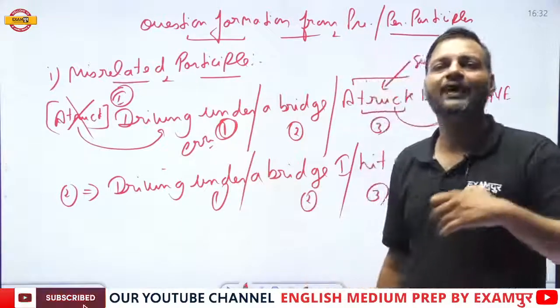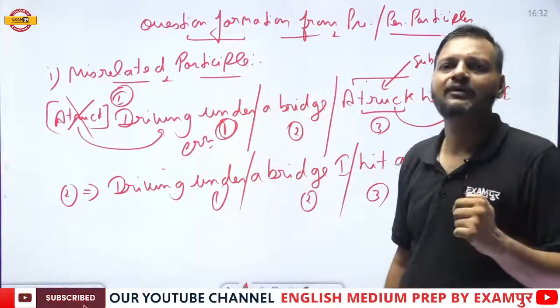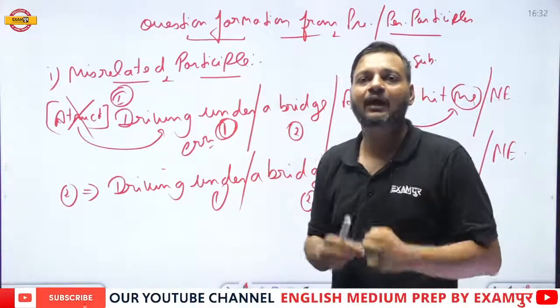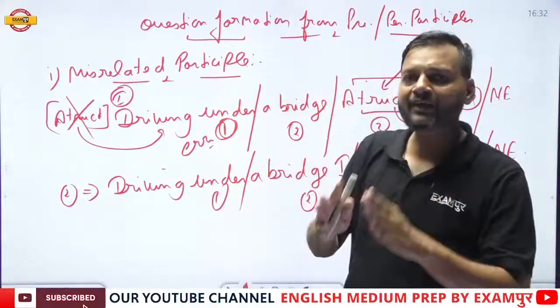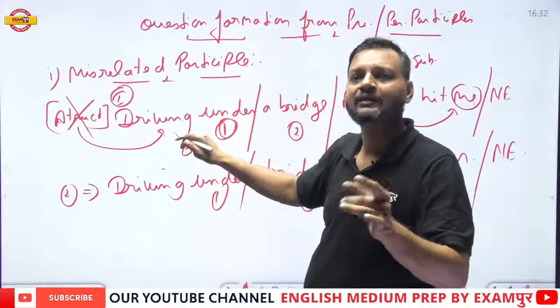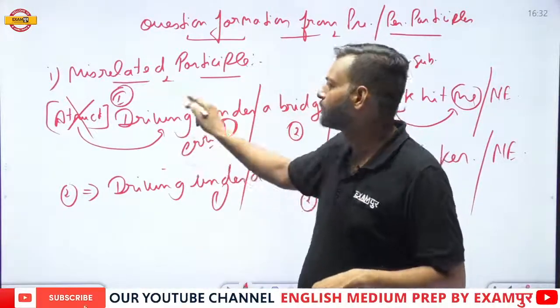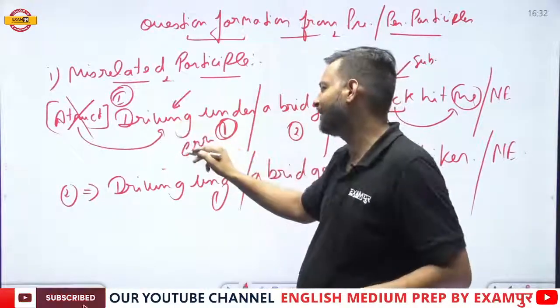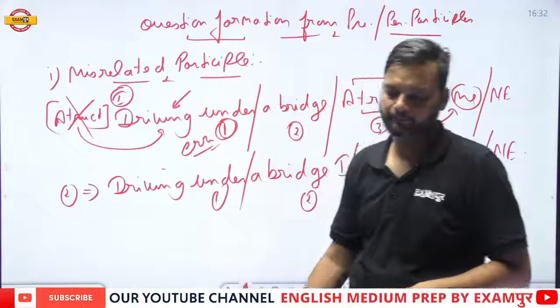Why does the first part have an error? We cannot use participle until and unless the subjects are same. Despite that, we used present participle. That's why the use of present participle is wrong here, and the error is in the first part.